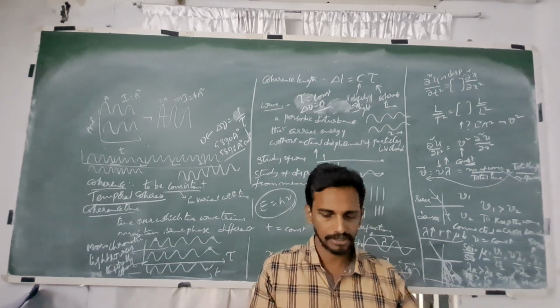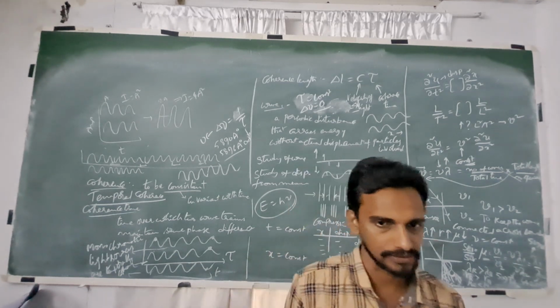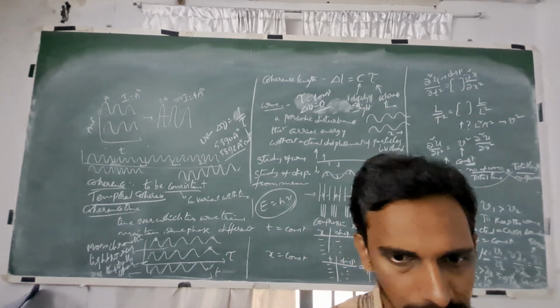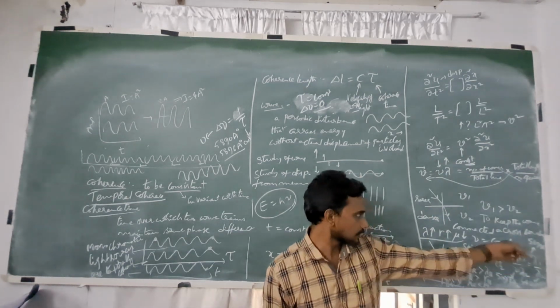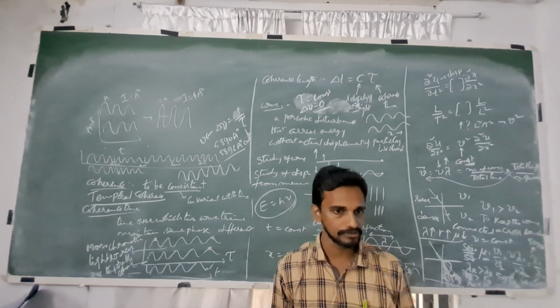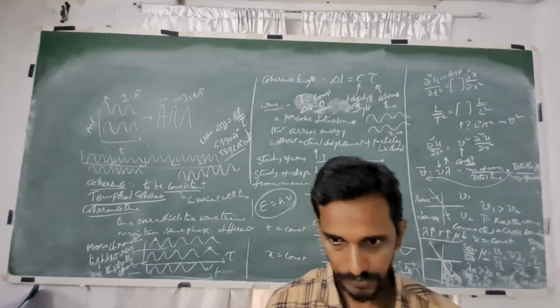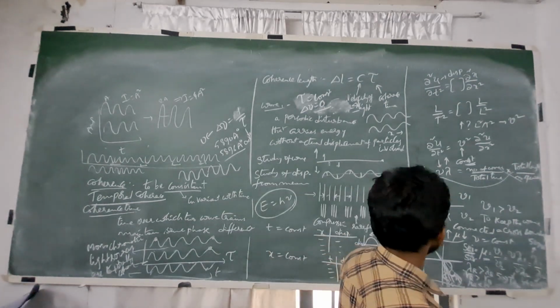Otherwise we would have taken the average of blue and red, 3000 and 7000, average is 5000. So we would have defined it for green color, but it is defined for sodium yellow, 589 nanometers. Refractive index is defined for sodium yellow, because that is the only monochromatic source available.